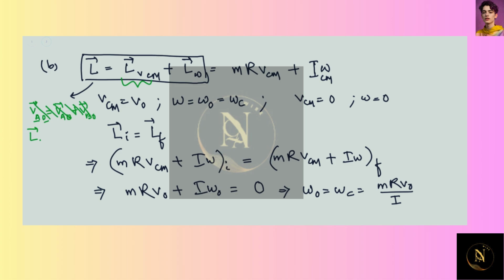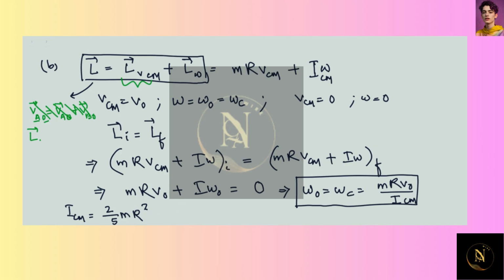Now we have the initial angular velocity, and I is the center of mass moment of inertia. Now we know that the ball is spherical, so the center of mass moment of inertia is 2 by 5 m r square.